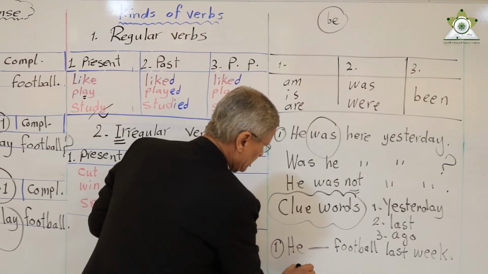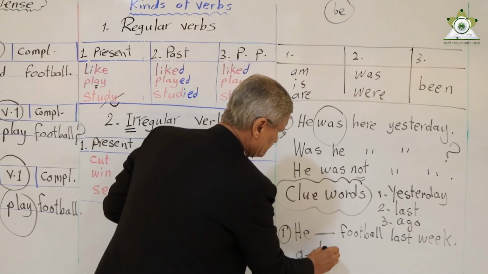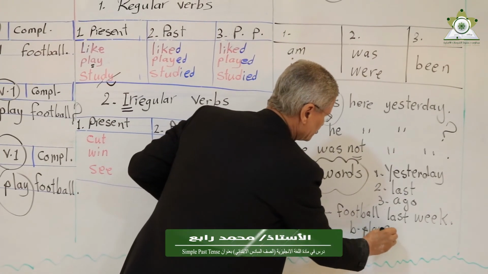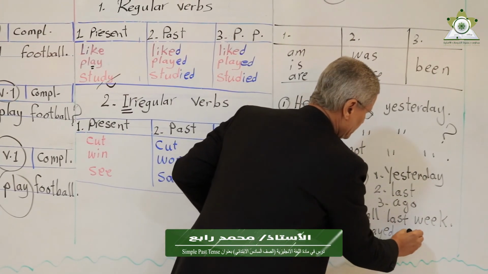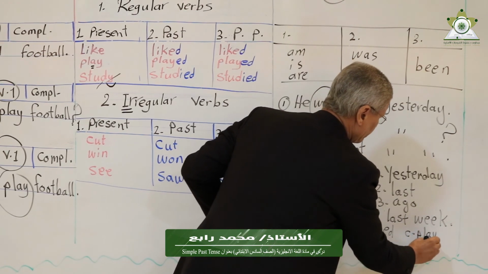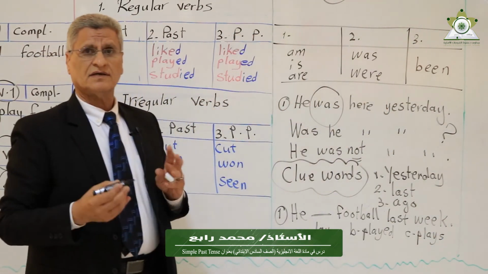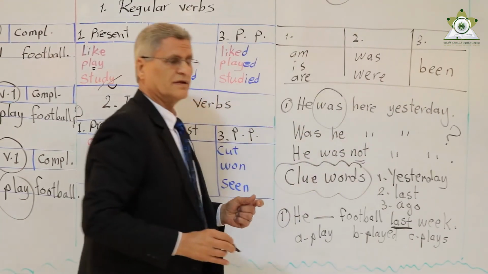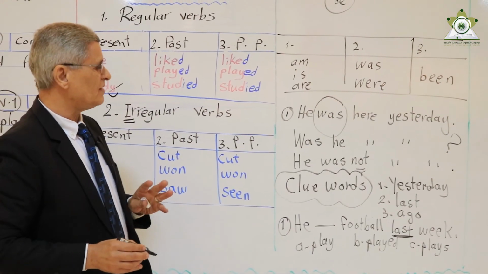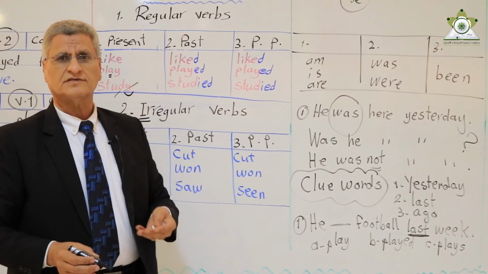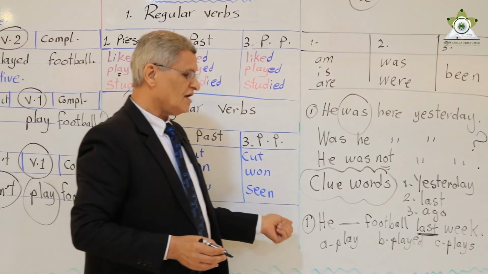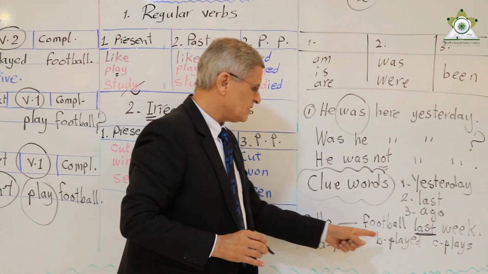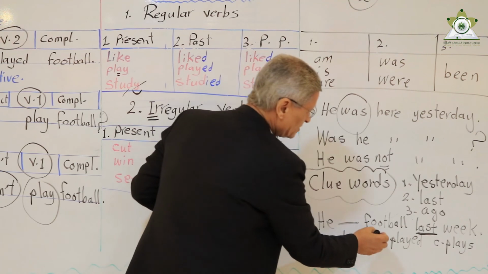Number 1, A, play, B, played, Number 3, C, plays. In this example, we have here the word last. This word is used with the simple past tense. So we have here to choose verb 2. Play, played, played. So the correct answer is played.